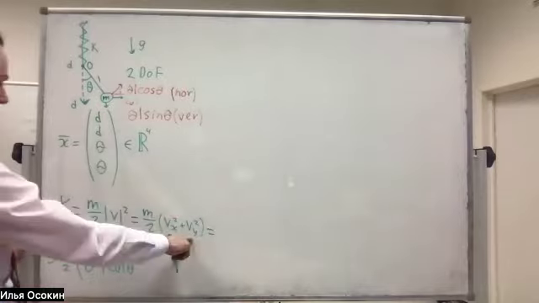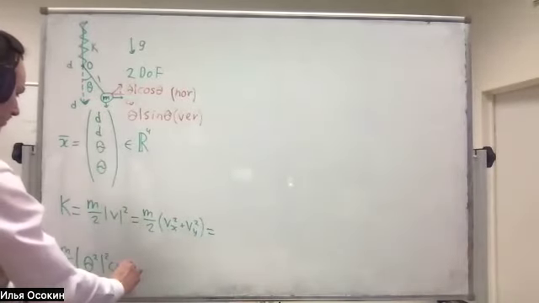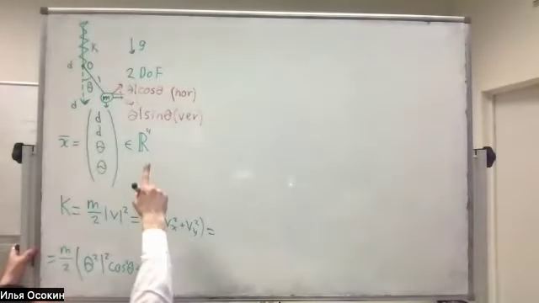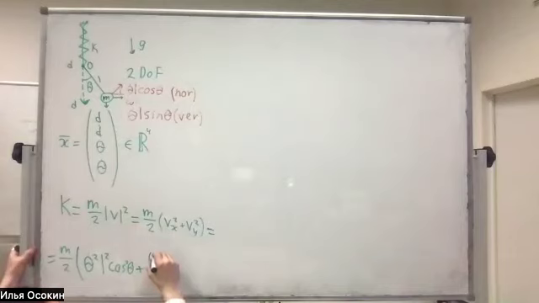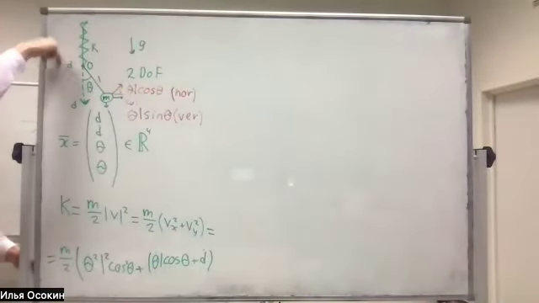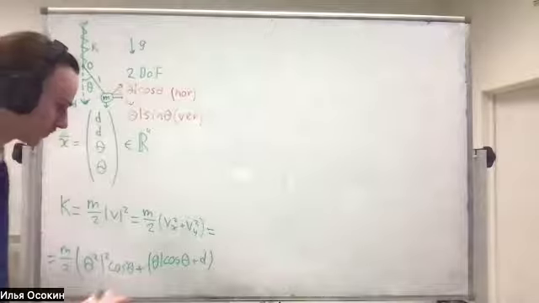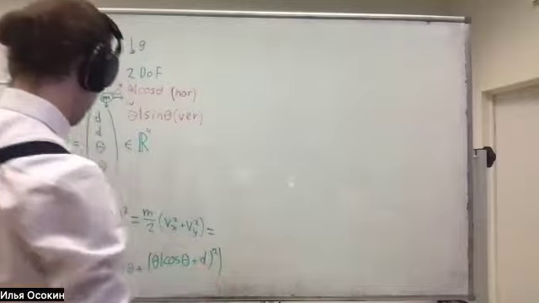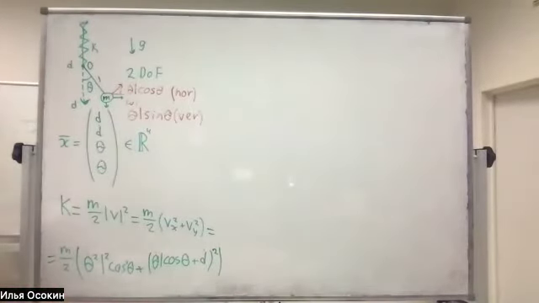And the second is a bit more tricky, but not that much, because here we can write down the sum of theta dot L cosine theta plus just d dot, because it's the linear velocity along the vertical axis. And it is squared, and the brackets are closing. Let's catch up on this.